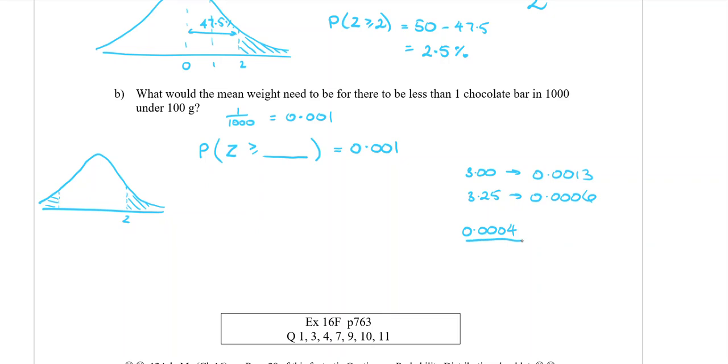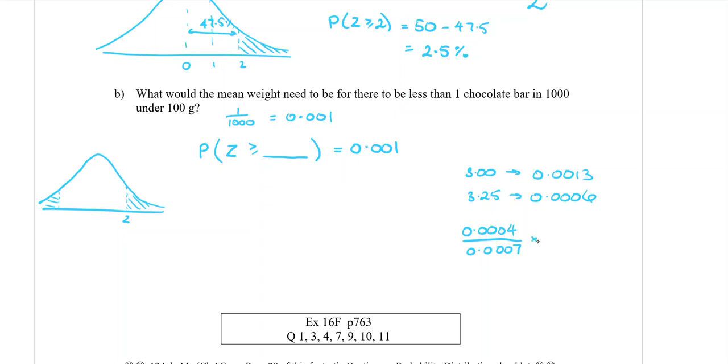Okay, what do I put that over? I put that over the difference between the 13 and the 6. I subtract those two numbers, which is 0.0007, three zeros, 7.